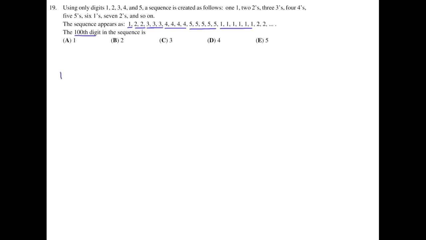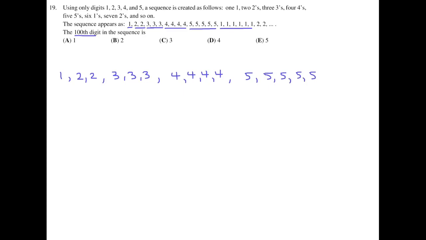So we've got 1, and then you've got 2 2s, then you've got 3 3s, then 4 4s, right? And then you've got 5 5s, like that.